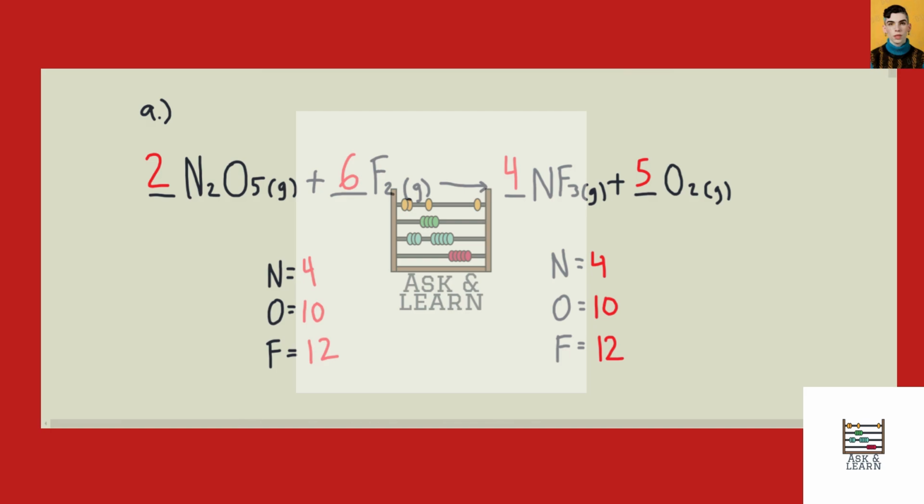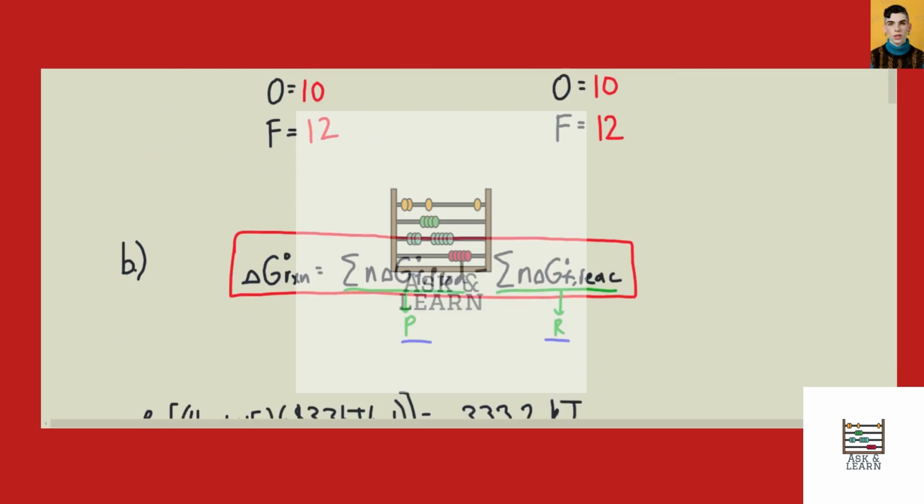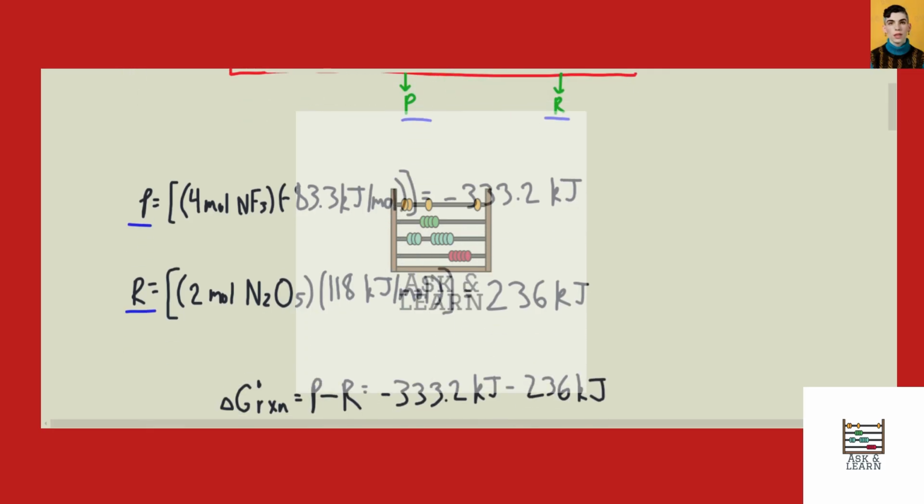Remember that just like for changes in enthalpy, delta H, delta G, change in Gibbs free energy, is similar in that the change in energy resulting in the formation of naturally occurring elements in their natural states is 0. And that is the case for diatomic gases like F2 and O2.